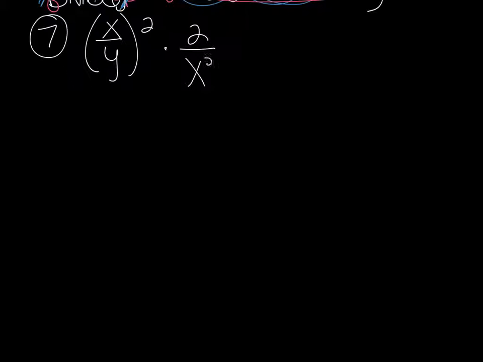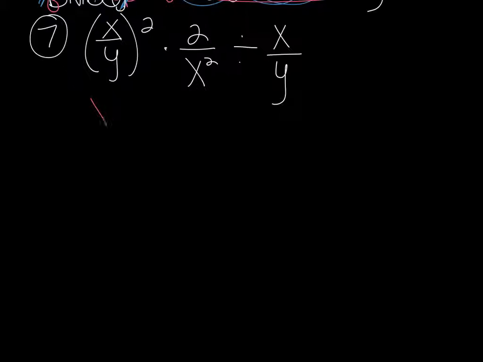We'll do one together and I'll have you try the last one all on your own. Number 7. X over y, quantity squared, times 2 over x squared, divided by x over y. Using your prior math knowledge, what do I have to do? First, I've got to get rid of that exponent, those parentheses, right?